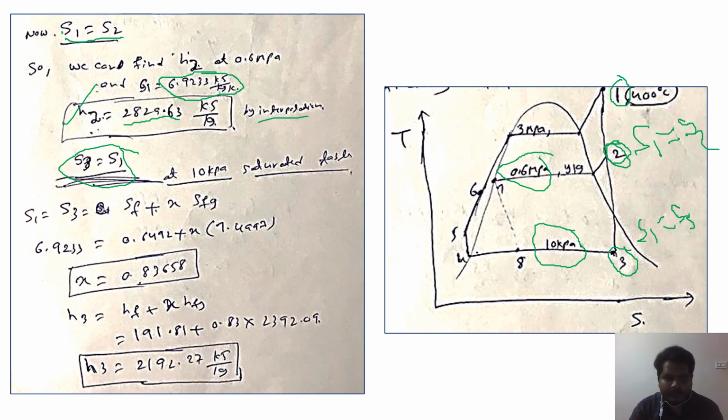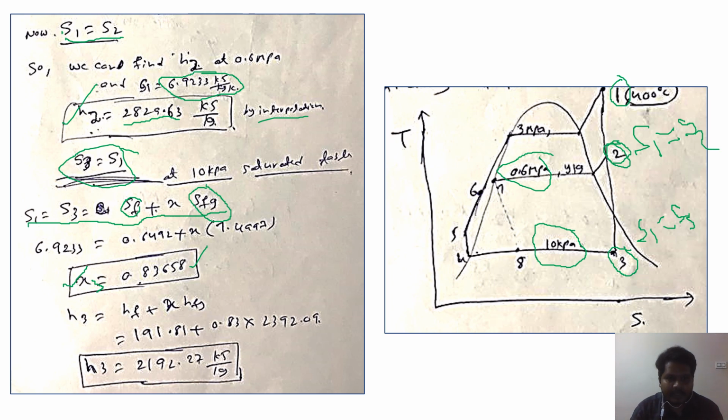We can write S1 equals S3 equals Sf plus x Sfg. Sf and Sfg values we have to take from the saturation table at 10 kilopascal. Once we substitute the values, we can get the dryness fraction x3 equals 0.83658.